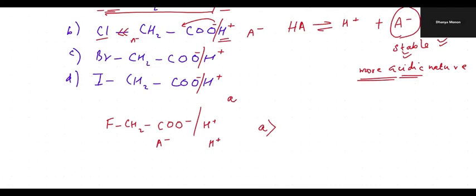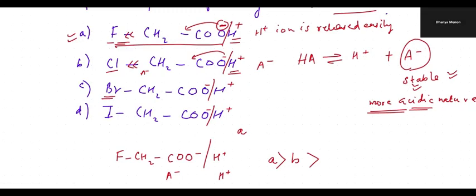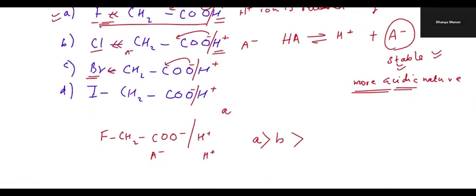Followed by B. The next electronegative atom is bromine. So that will also pull the electron pair and this charge gets distributed. So the next acidic is C, the last one is D. Okay. So we can judge the acidity of the compound.